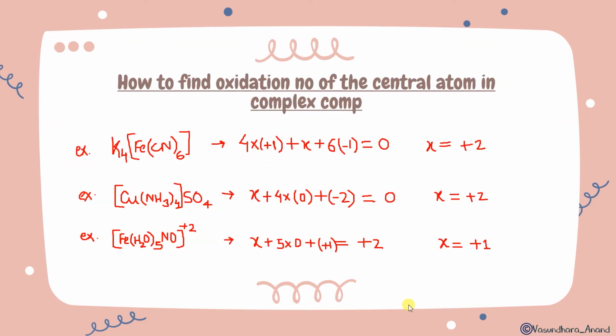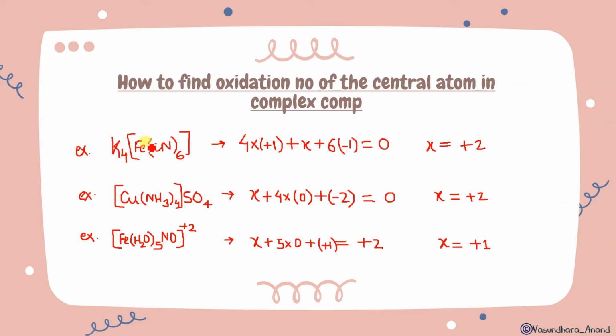Here I have written a few examples like K4[Fe(CN)6], and here is the central atom. We have to find the oxidation number of the central atom, which is the one in the big parentheses. We know potassium always has +1 oxidation number. There are 4 potassium, so that is 4 into +1.